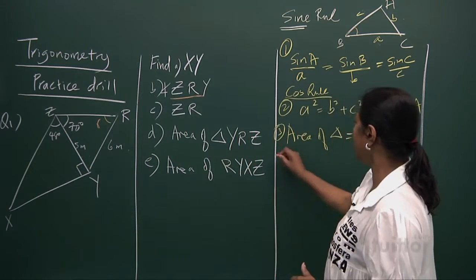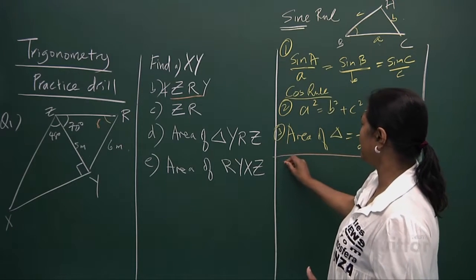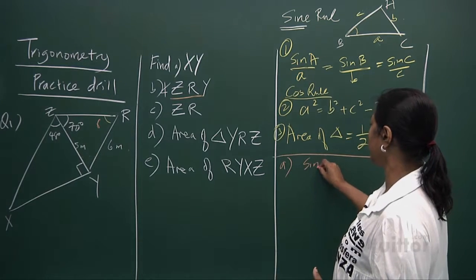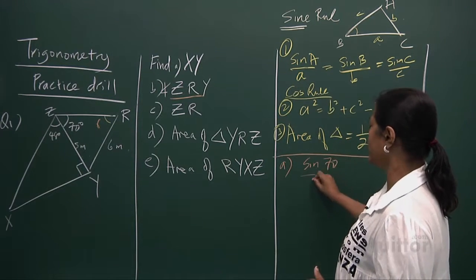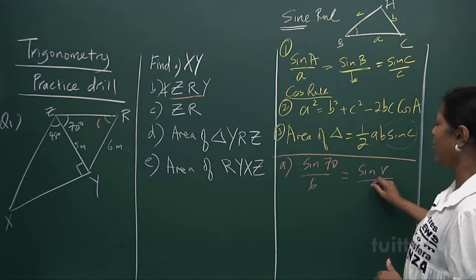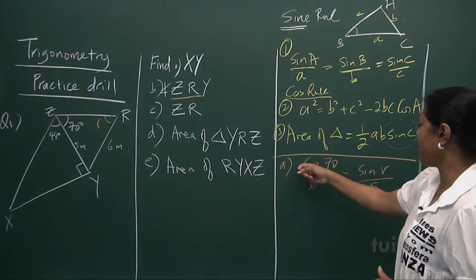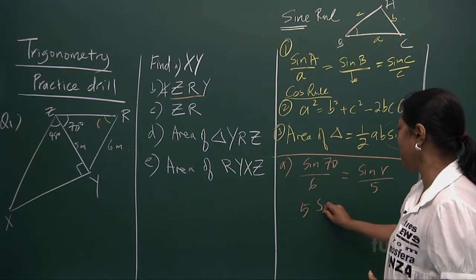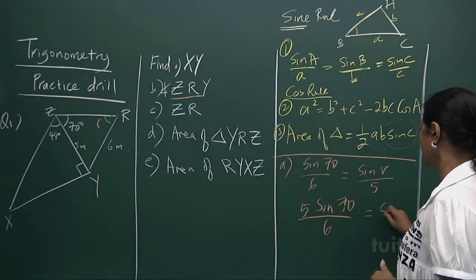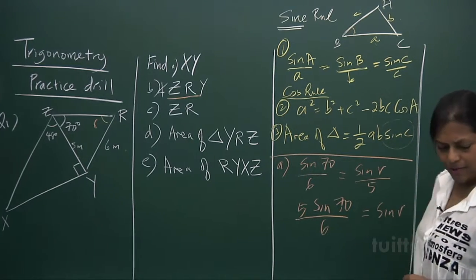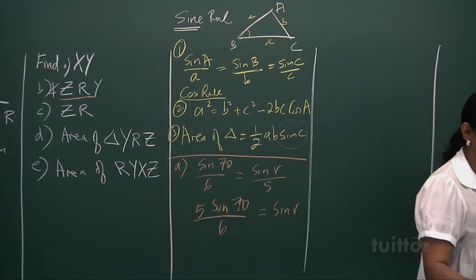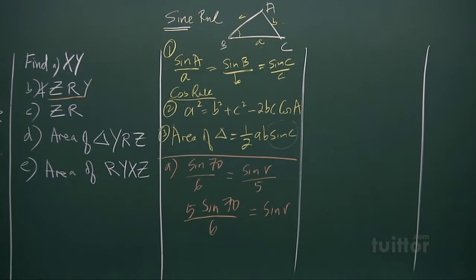So the first part of the sum will tell you that you get sine 70 degrees over 6 equals sine r over 5. Bring your 5 up, you get 5 sine 70 over 6 equal to sine r. Get your answer, put it into the calculator and you'll get it. Just excuse me, I'll get my calculator.